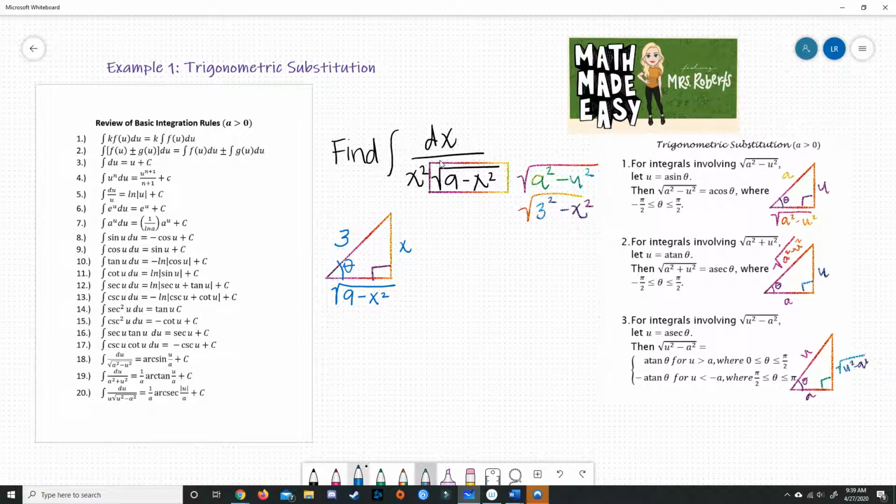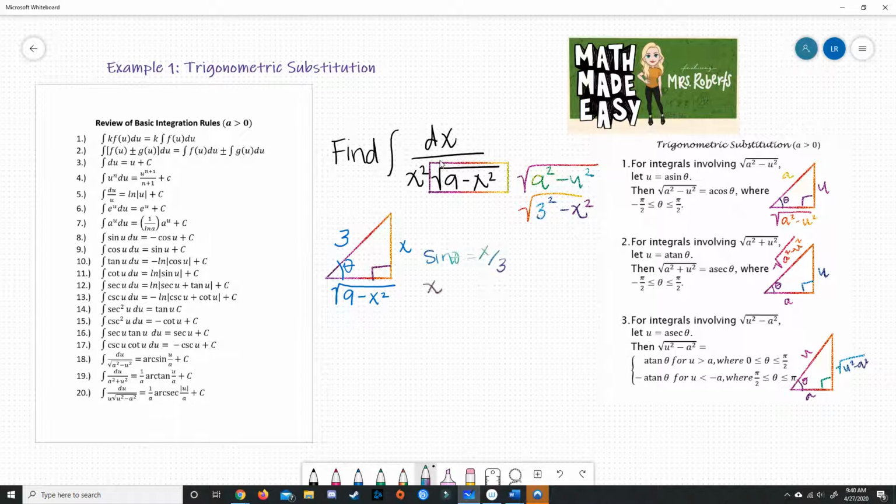Now, using our right triangle trig, we know that sine of theta is x over 3. I want you to see where this is coming from. So sine of theta is x over 3, which means that if I wanted to get x alone, I would multiply by 3. Now, how did I know sine of theta was x over 3? Well, opposite over hypotenuse.